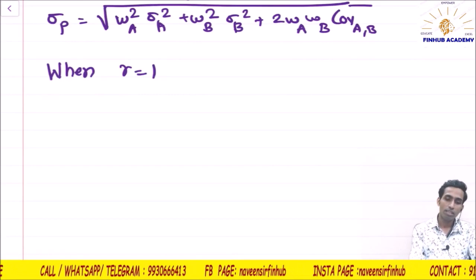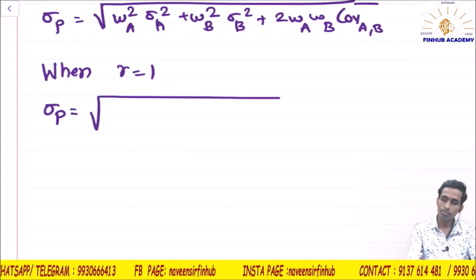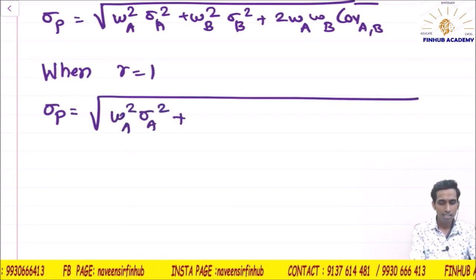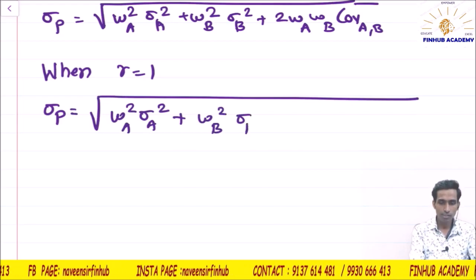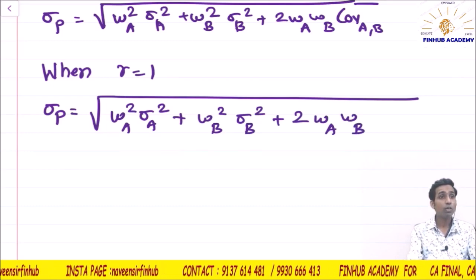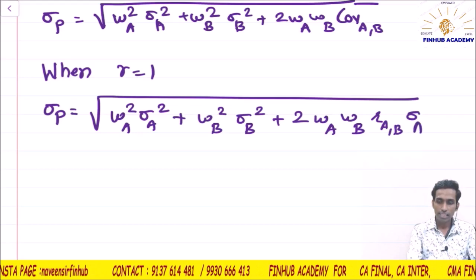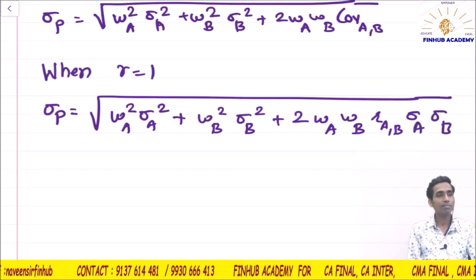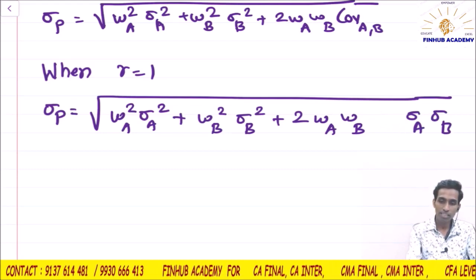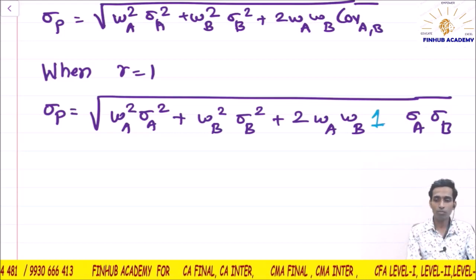The general formula for standard deviation of the portfolio is: under root, weight of A square, standard deviation of A square, plus weight of B square, standard deviation of B square, plus 2 into weight of A into weight of B into the correlation coefficient, which can be written as R of A comma B, into standard deviation of A into standard deviation of B. Agree? But if this part becomes 1, here I am writing 1, understood? Ultimately, what will it become?